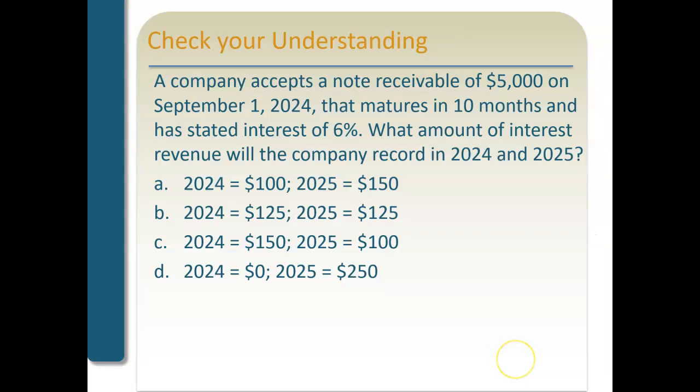A company accepts a note receivable of $5,000 on September 1st that matures in 10 months and has a stated interest rate of 6%. What amount of interest revenue will the company record in 2024 and 2025?